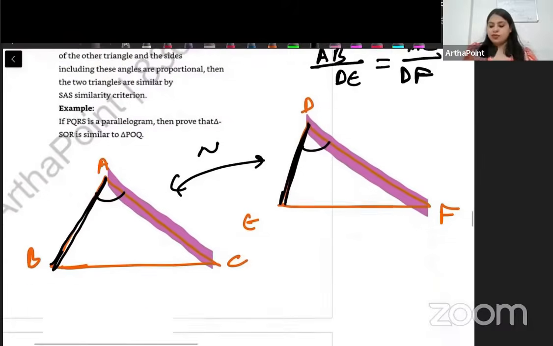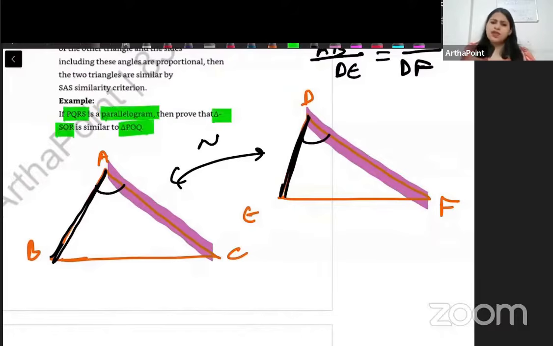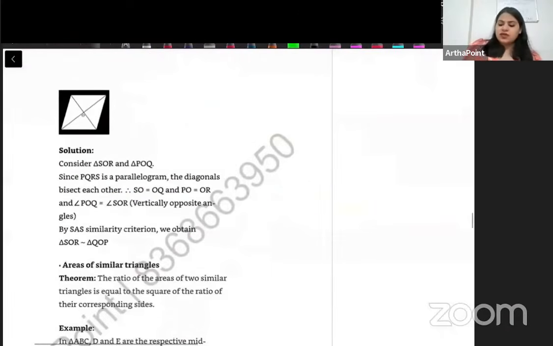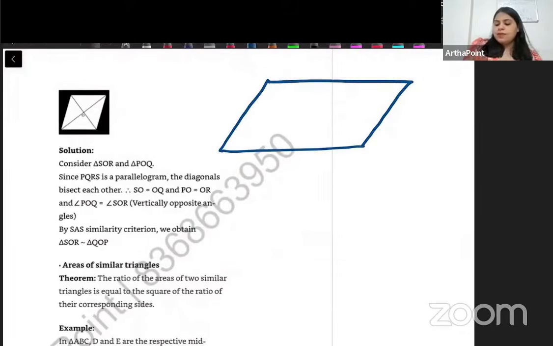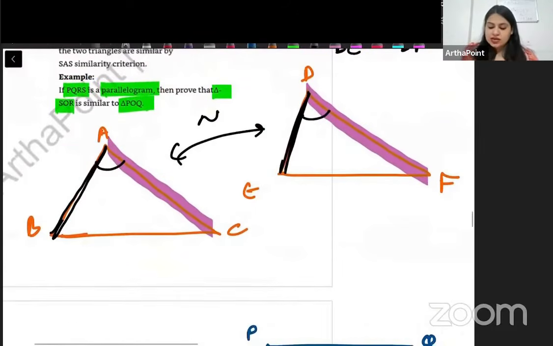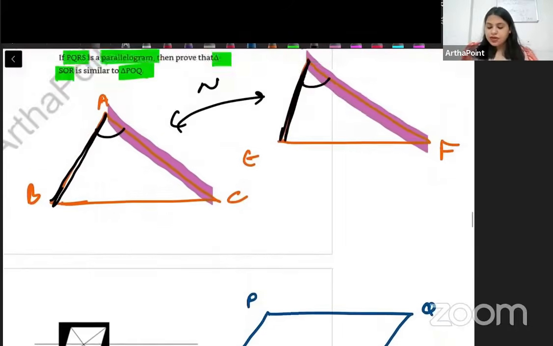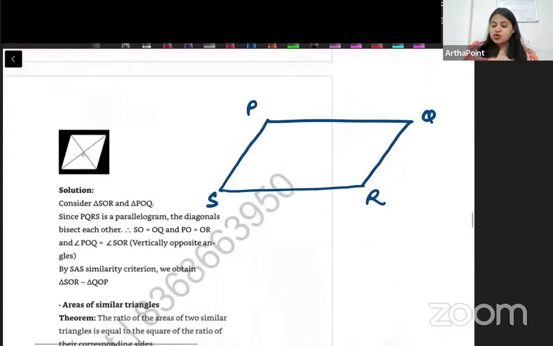Let us take an example. If PQRS is a parallelogram, prove triangle SOR is similar to POQ. So you are given a parallelogram PQRS. And it says triangle POQ is similar to triangle SOR.